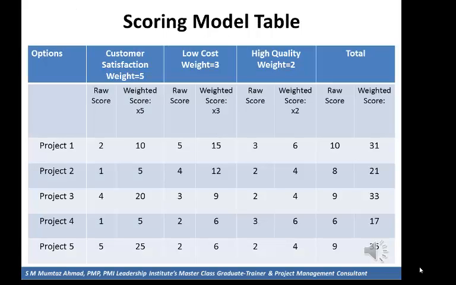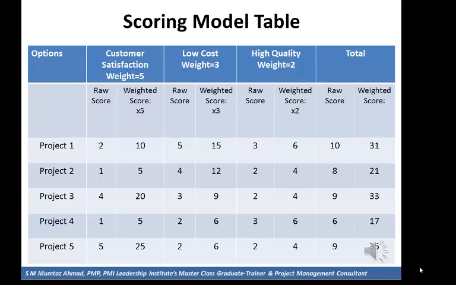This table is an example of a scoring model. In the first column, 5 projects have been shown. The first row has 3 selection criteria, namely customer satisfaction, low cost, and high quality. Each selection criteria has a different weight. Calculations have been made based on both raw score and weighted score.